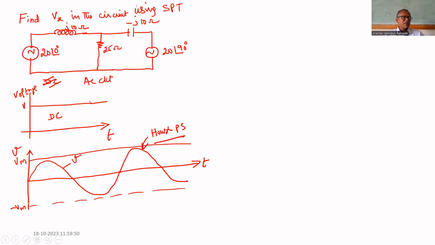Why is this AC convenient for handling? Why not DC? Losses.